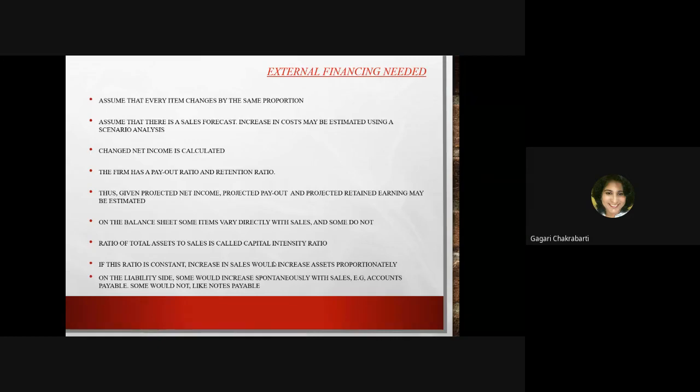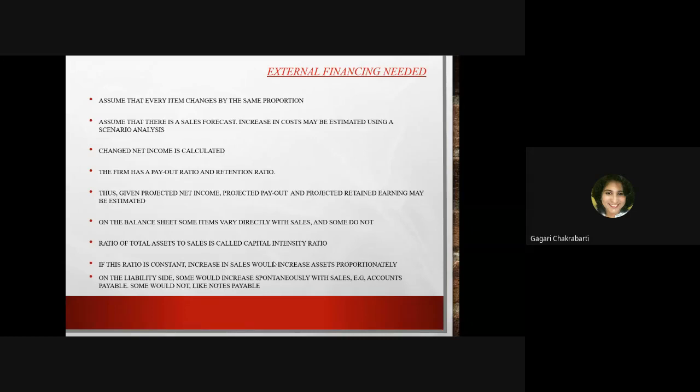So we are considering our typical firm. We assume that every item will change by the same proportion. Now, you can do the same analysis using a scenario analysis or using a sensitivity analysis, but here I am not talking about the sensitivity analysis. I'll be taking only one value and then I shall be considering only one change.